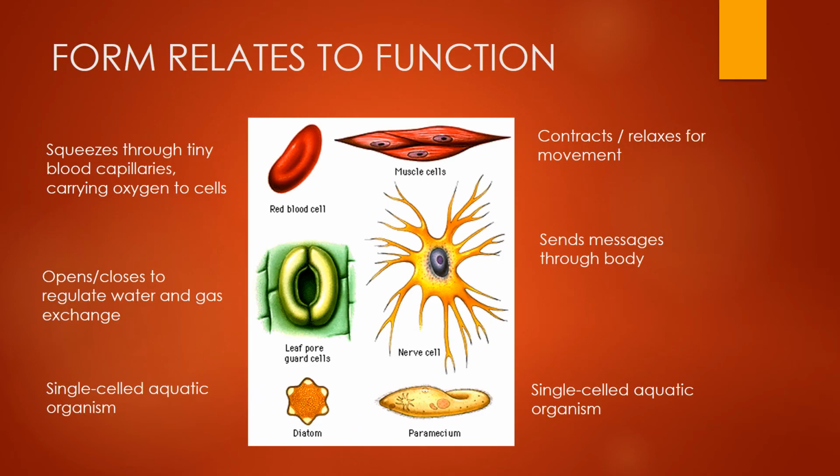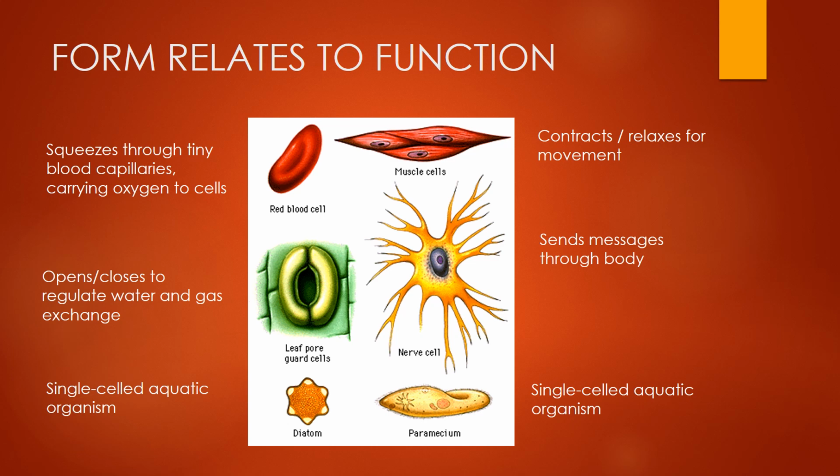All right, so form relates to function, meaning that things are structured in a way to function in the way that they're supposed to. So, for example, red blood cells squeeze through tiny blood capillaries and carry oxygen to cells, so they are shaped in a way so that they can squeeze through. Muscle cells contract and relax, so they're built in a way that they can move back and forth and make different movements.